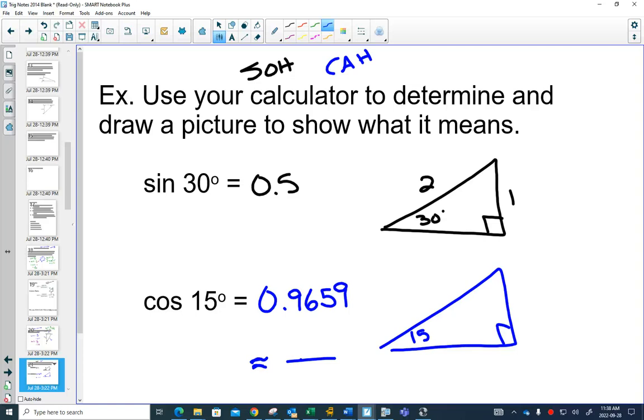Approximately, right? I could go to 2 decimal places. That would be my hundredths. Can you see that's approximately 96 over 100? Well, technically, it's probably closer to 97 over 100. Or you could do 966 over 1,000. If it's approximately 97 over 100, drawing my triangle, I would say my adjacent side is 97. My hypotenuse is 100.